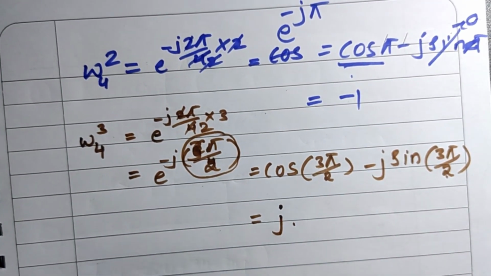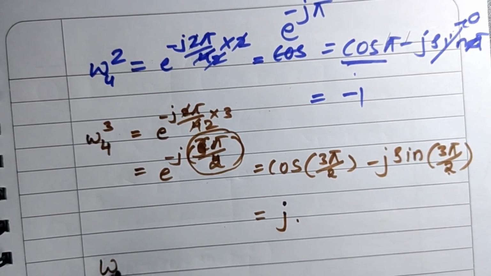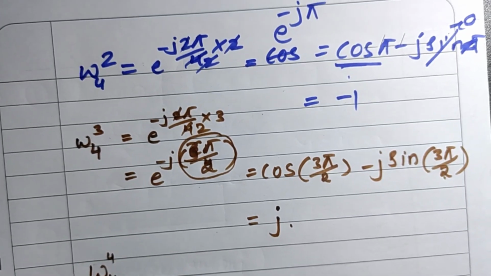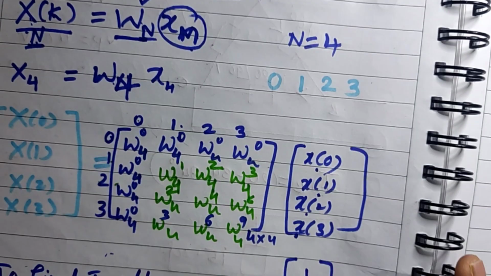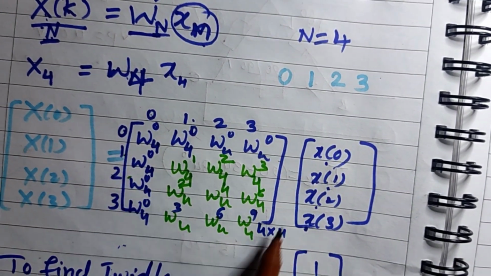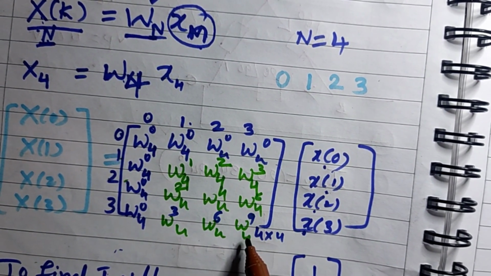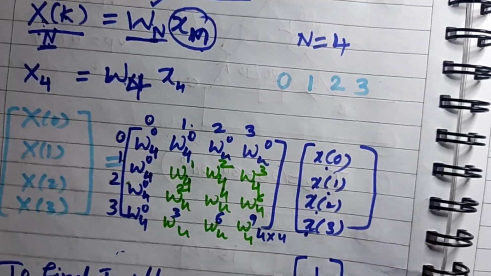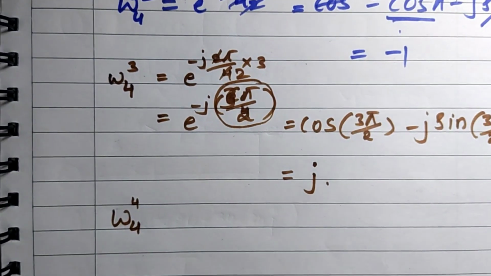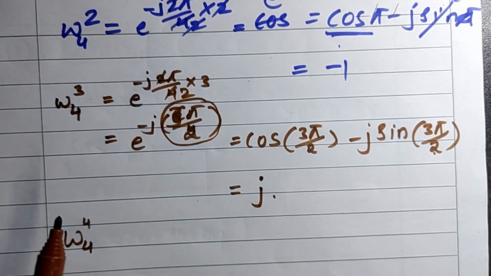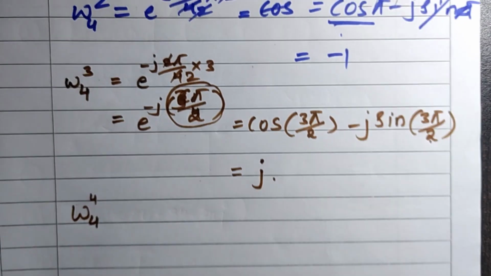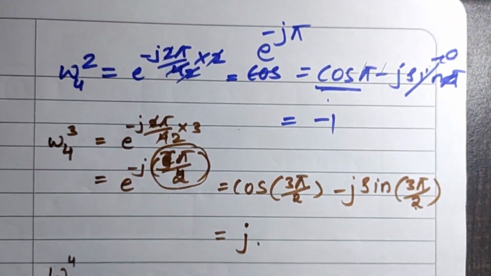So this is what. Next thing is, we have to find out omega 4 raised to 4, and till how many we want, this entire matrix we have to fill. So the last one is omega 4 raised to 9. Okay, so till then we have to find these things. So for that we have one method which is called the circle.